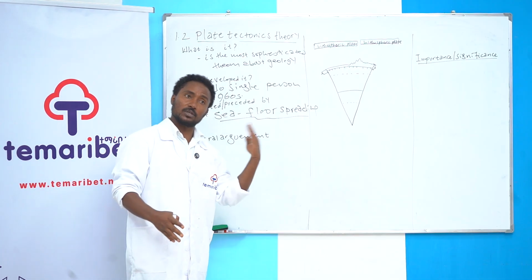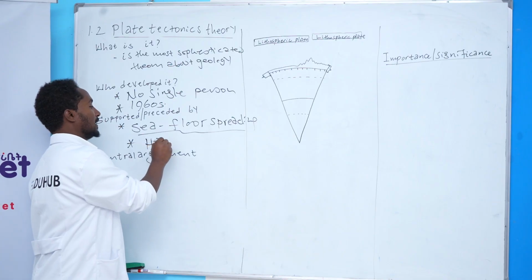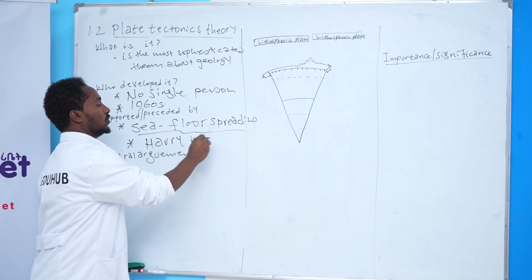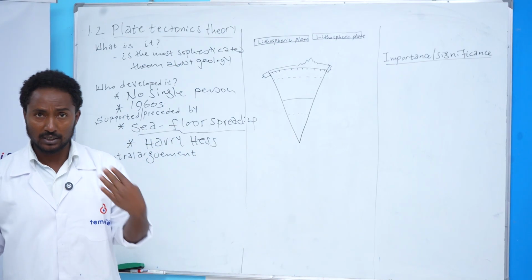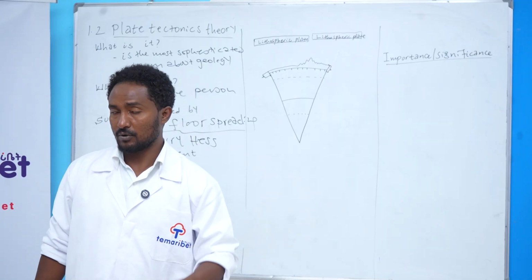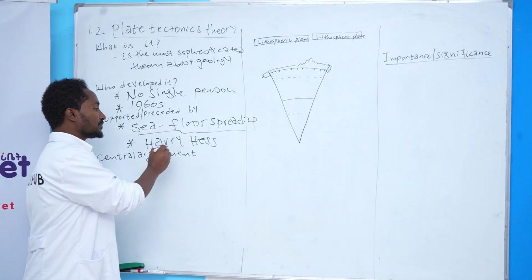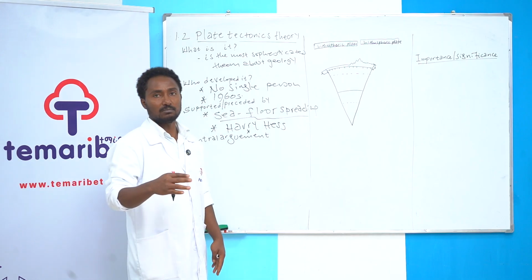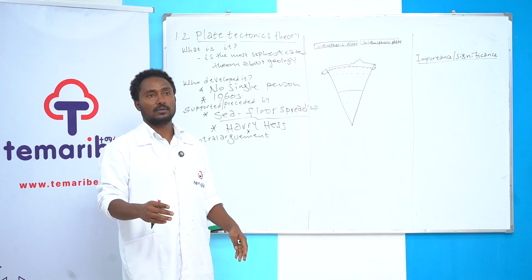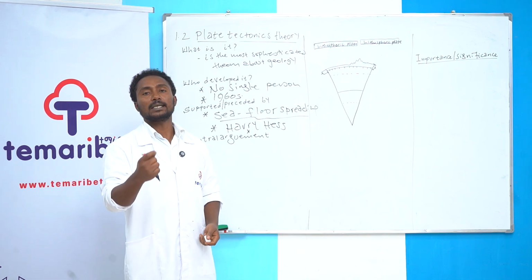Who developed this seafloor spreading theory? The American geologist Harry Hess is attributed to the development of the theory of seafloor spreading. What does it say? It says the continents are moving apart due to one single factor.